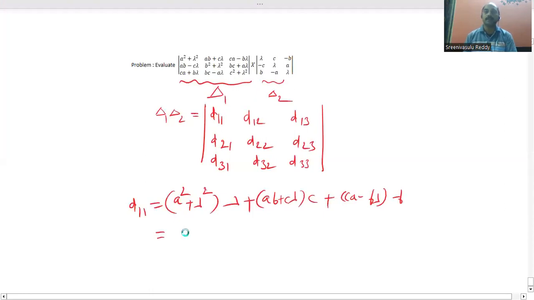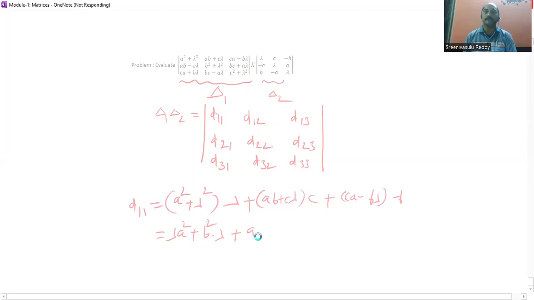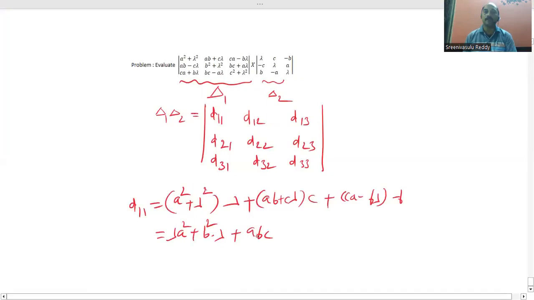Using the a plus b into c formula, this is nothing but a square plus b square into lambda, into lambda, plus abc, plus lambda c square plus ca into b. Here there is plus, here minus.